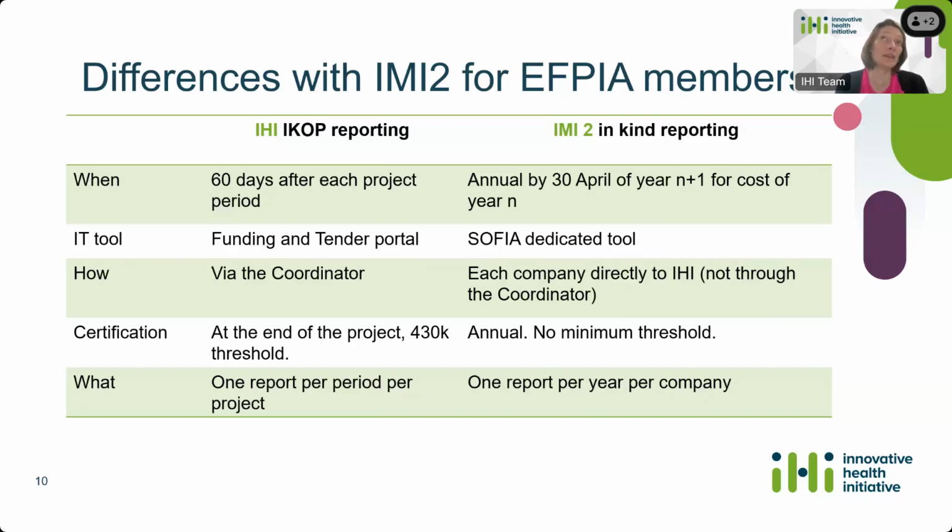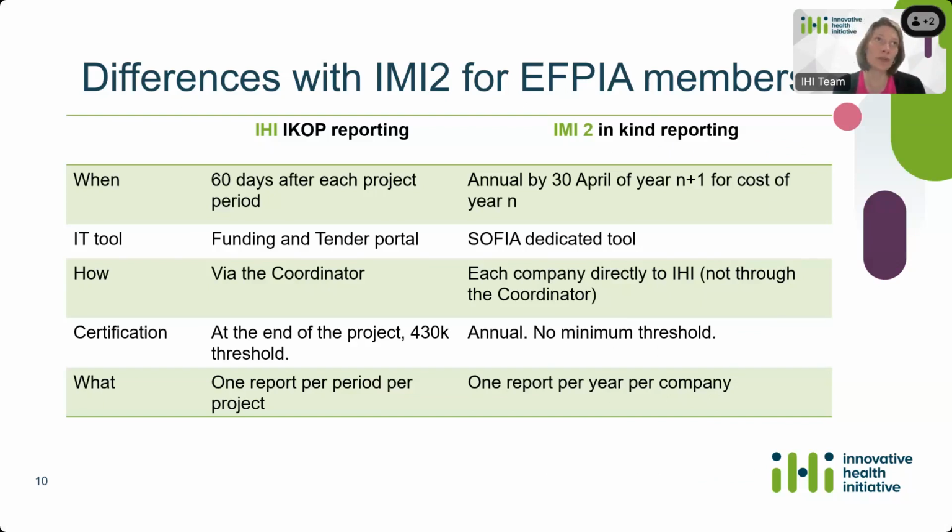So the first difference is that the IMI2 in-kind reporting is annual, and it's due by the 30th of April each year for the costs that were incurred the year before, while for the IKOP, it's a fixed deadline, which is linked to the project periods. So it's every time 60 days after each project period.